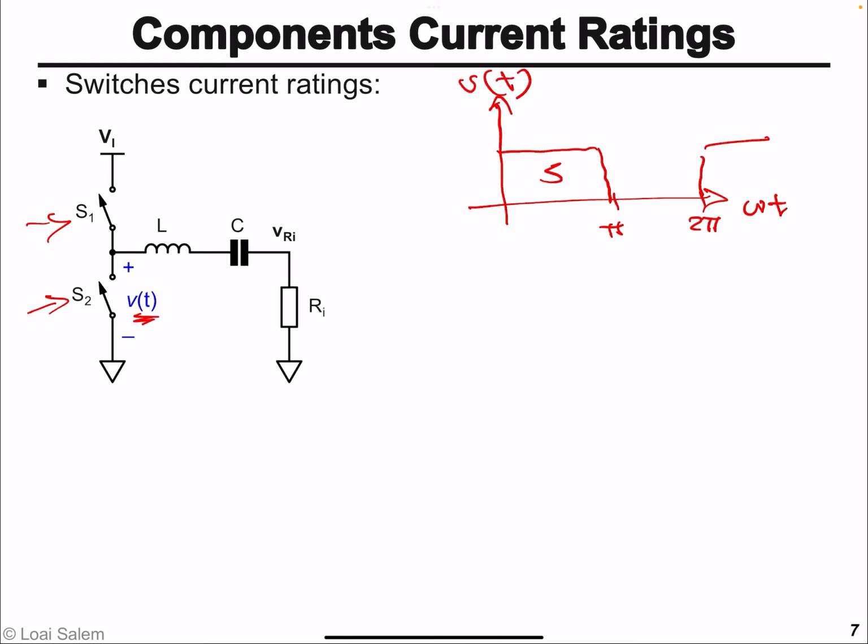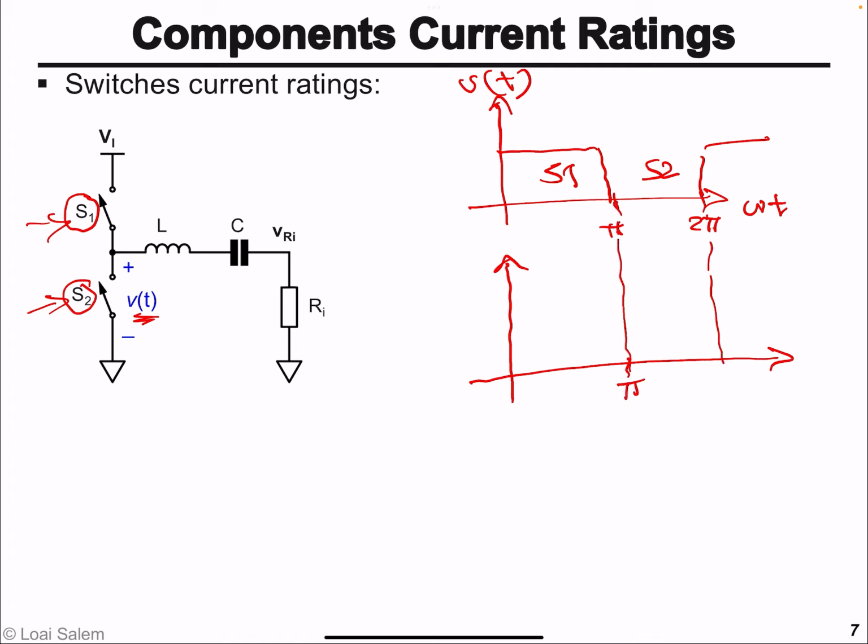Here in the first half, S1 is on. In the second half, S2 is going to be on. Now, if we look at the current at resonance, the current is in phase, psi is equal to 0 at resonance.